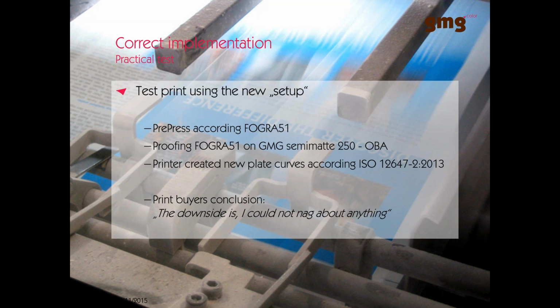Once a print buyer starts to deliver the new data, he will get better comparability between his pre-press color talk and the final product, and this will also be an immediate push to the printers to change to the new references. So for me, this seems to be going pretty fast, that the implementation starts now.